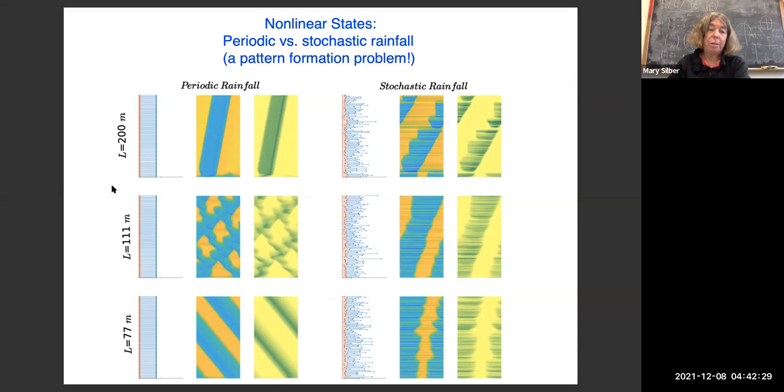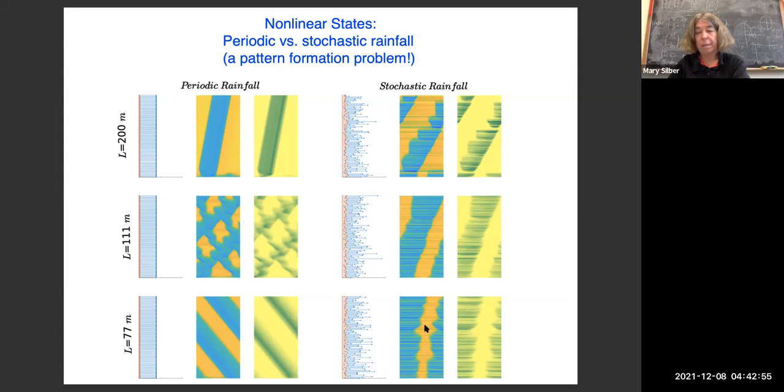But if we shrunk the domain, suddenly we lost these traveling waves. That's not what ends up happening, and we get this very weird pattern. But if we look at the stochastic one, it's just doing something very reasonable. And if we shrunk the domain even further, suddenly it starts traveling downhill.